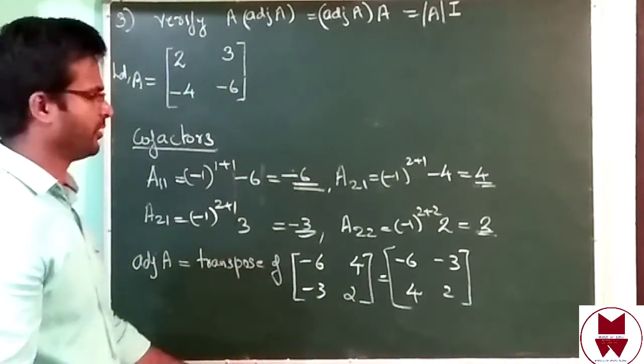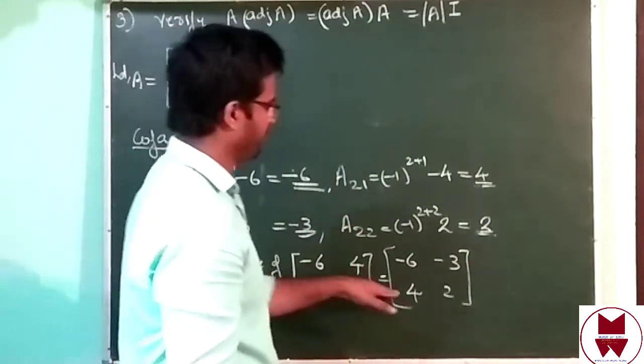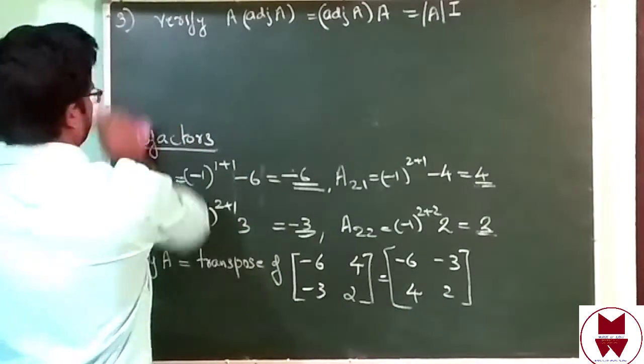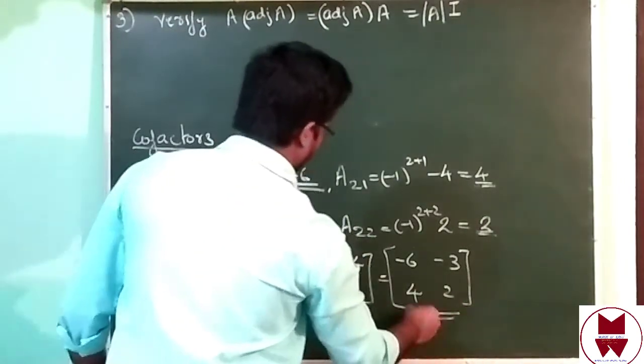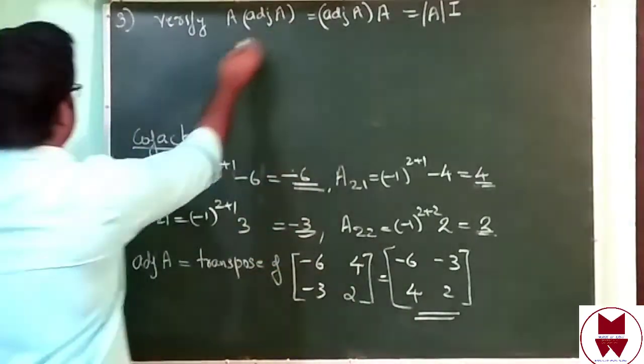Interchange rows and columns. The first column I made the first row, the second column I made the second row. Now we got the adjoint of A. Now we can see the first part.